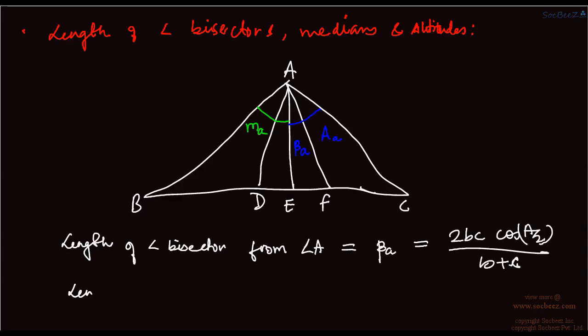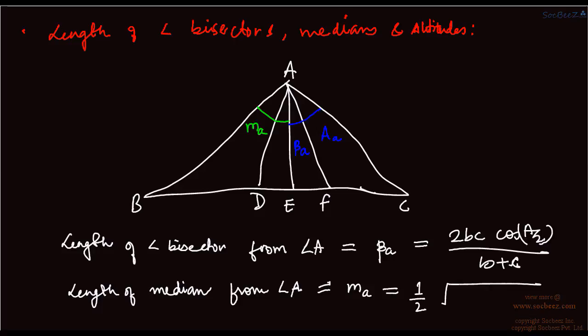Length of median, which in this case is AE, from the angle A is equal to m_a. Okay, that is equal to half root of 2b square plus 2c square minus a square.